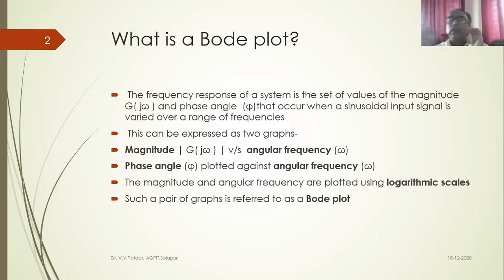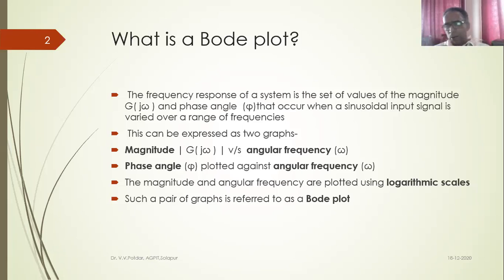So this is one graph or one plot I get. On the x-axis I have omega, angular frequency, and on the y-axis I have magnitude. And the second graph is phase angle phi in degrees plotted against, once again, angular frequency omega.